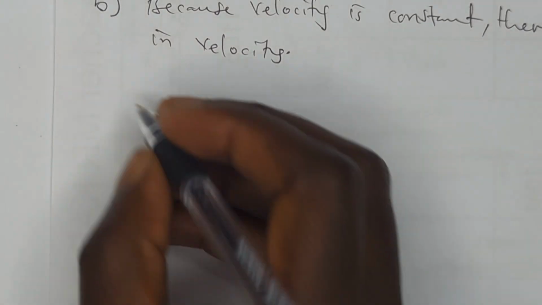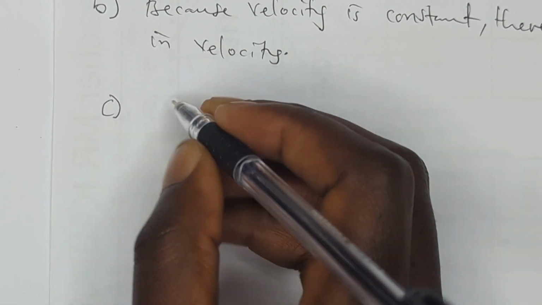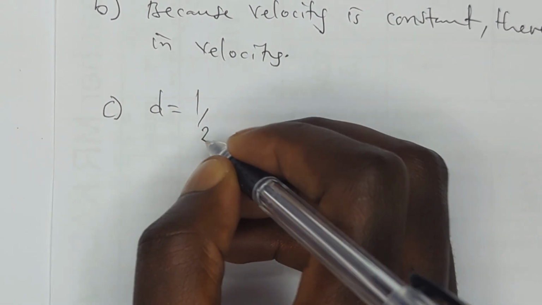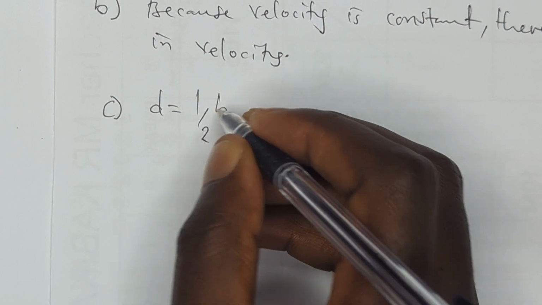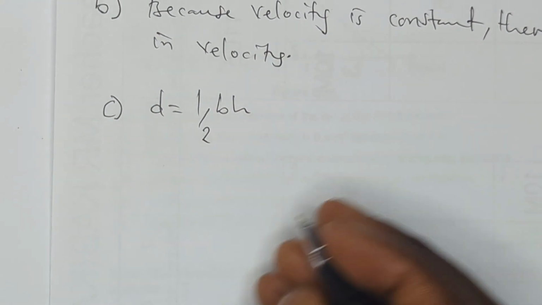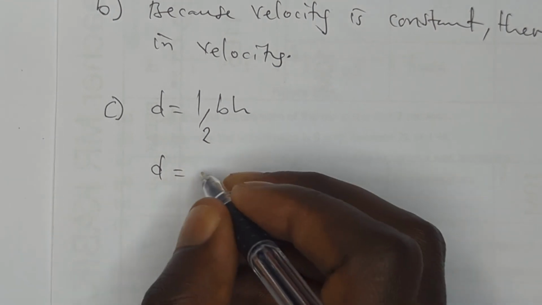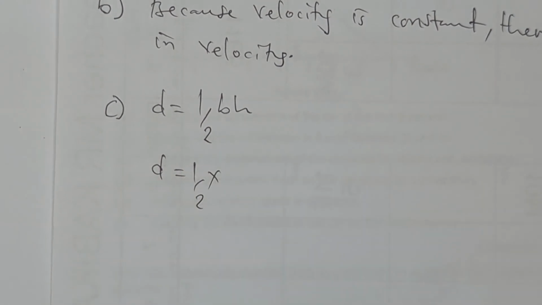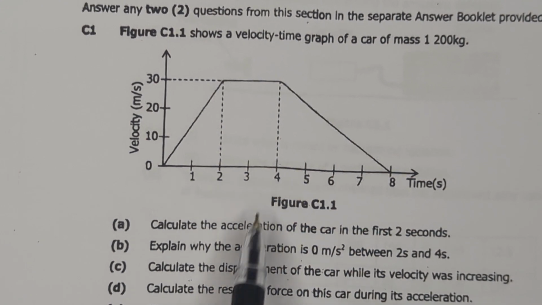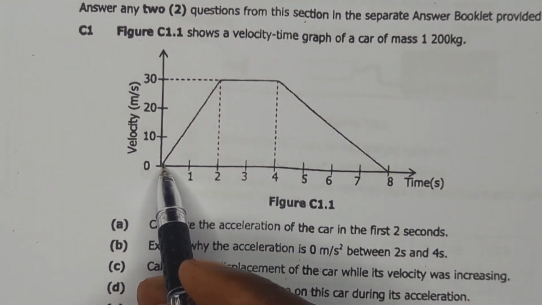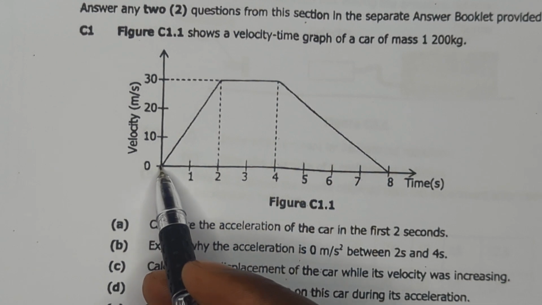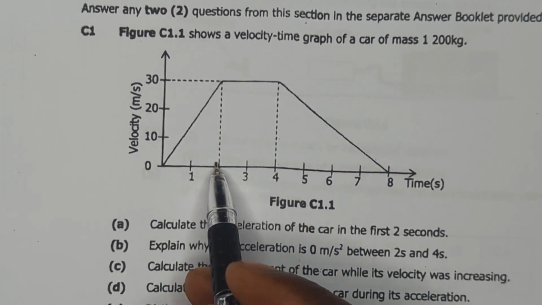And the formula for finding the distance of a triangle, so number C, distance is equal to 1 over 2 multiplied by BH, where B is the base, H is the height. So distance is equal to 1 over 2 multiplied by, now if we check the base, it is the distance from this point to that point, that is 2.